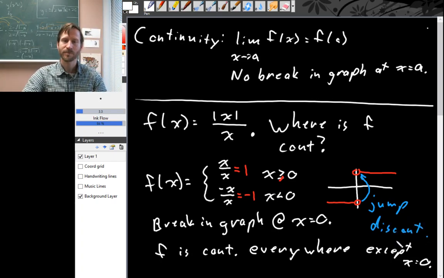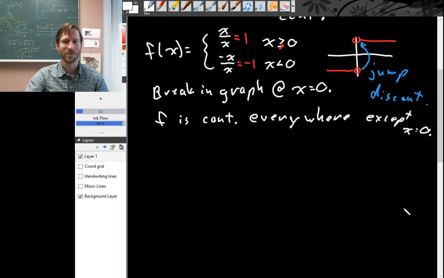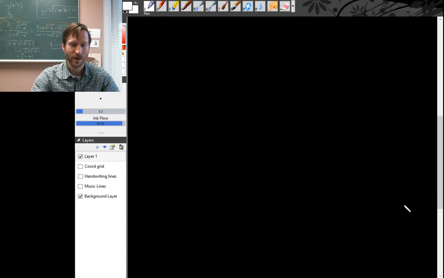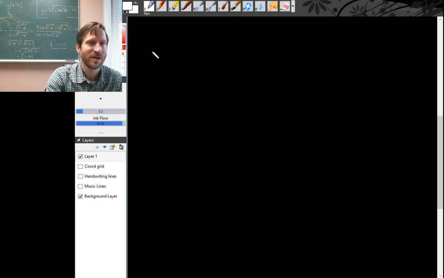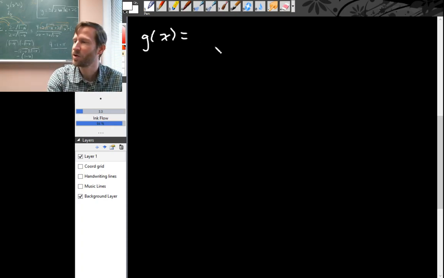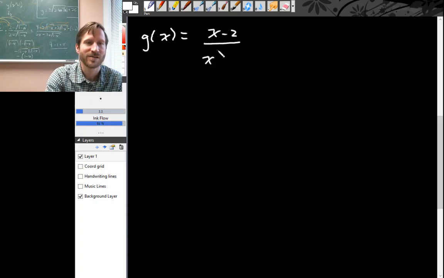Okay, let's look at another example. For our next example, let's call this function g of x. And we're going to look at x minus 2 over x squared minus 4.